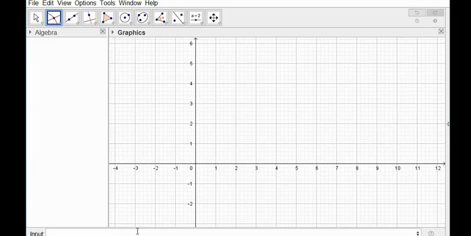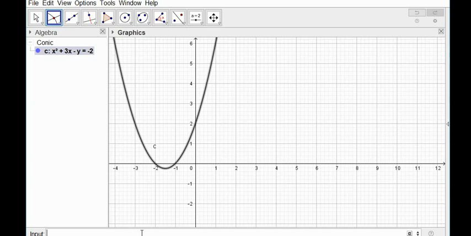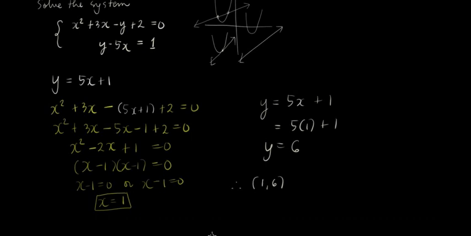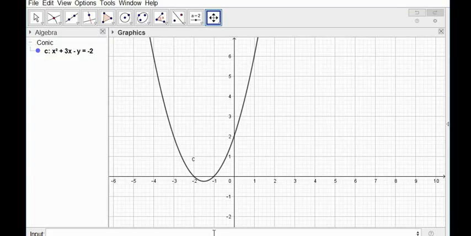X squared plus 3x minus y plus 2 equals 0. Now, so we have a parabola that opens upward. And then, let's graph the line. That's the line again. Y minus 5x equals 1. So we have y minus 5x equals 1.